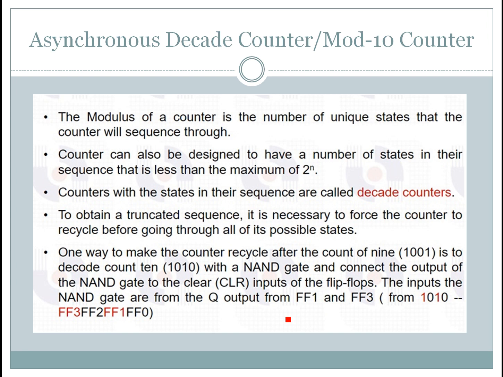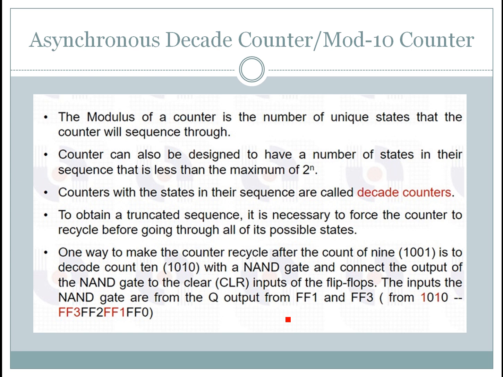So counters with states in their sequence are called decade counters. One way to make the counter recycle after a particular count. For example, if you consider a mod 10 counter, that means it has to count only 10 states, that is from 0 to 9.